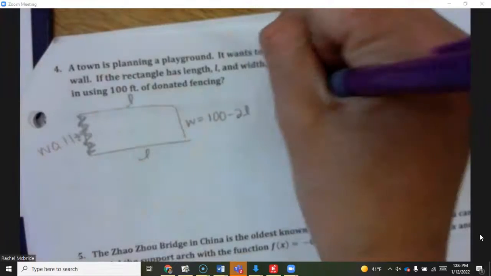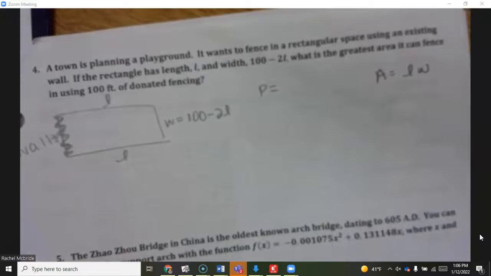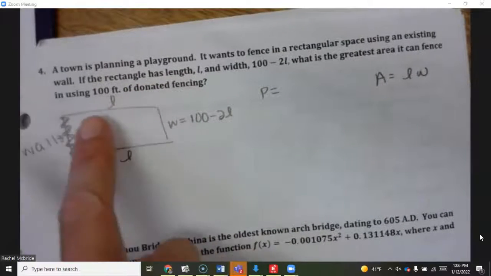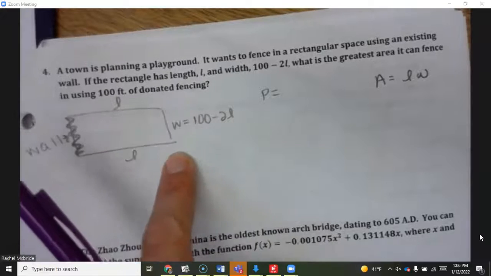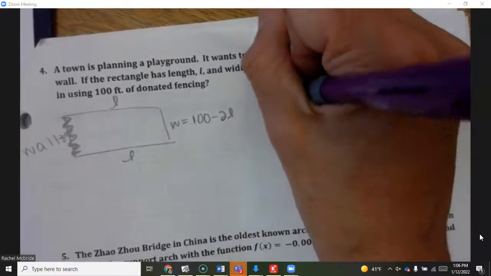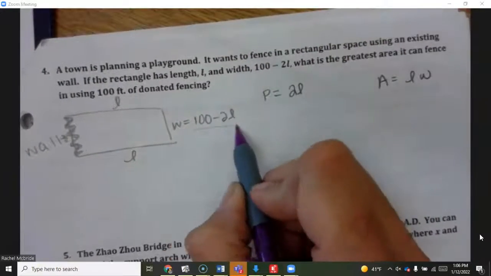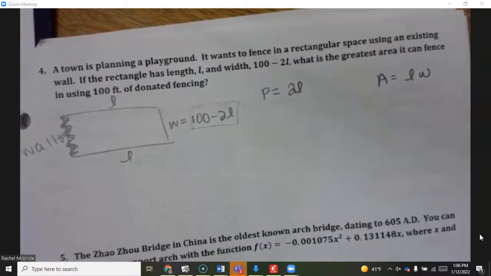So you want to think about the fact that we have perimeter and area. Area is length times width. Perimeter is the sum of the sides. Well, normally that's 2L plus 2W, but my W shares the wall. So my perimeter would be 2L, and then my W is that 100 minus 2L.